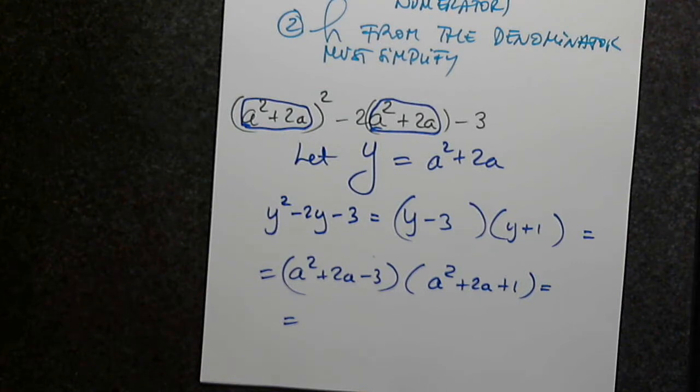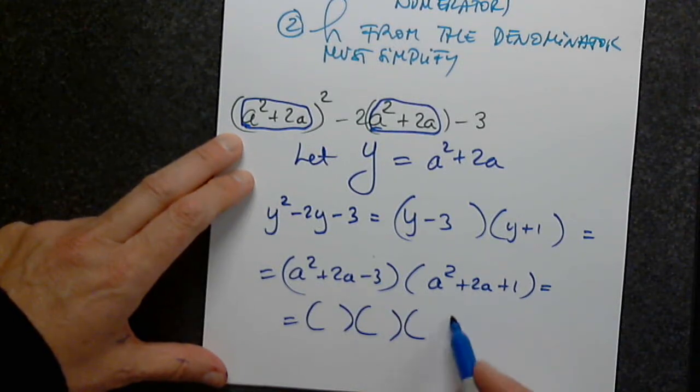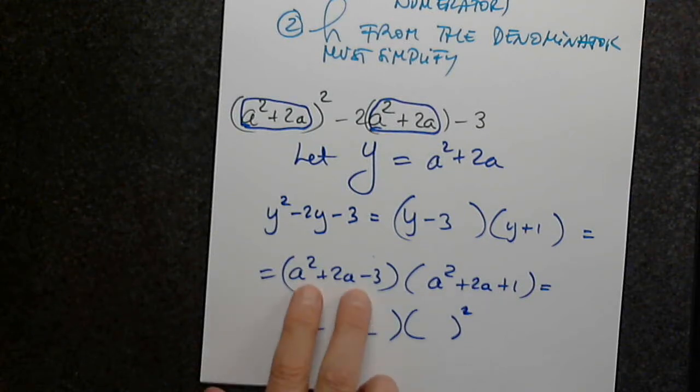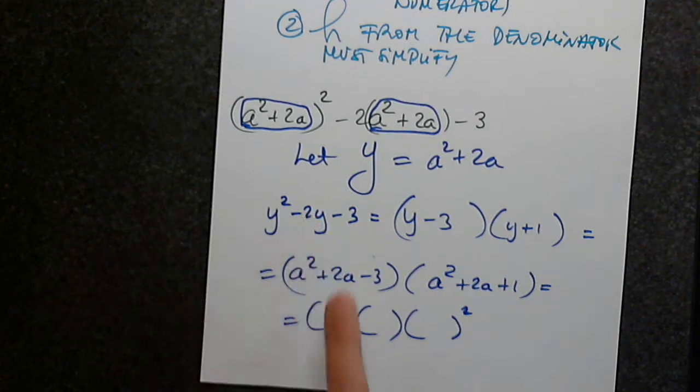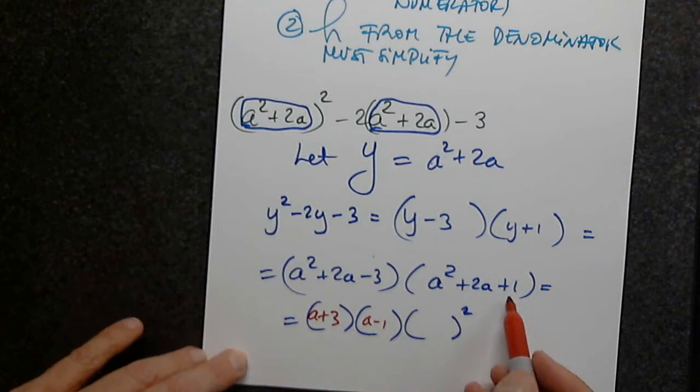So now I will factor this, and I will factor this, and I'm done. How do I factor the first one? We just had something similar a second ago. This time it is a plus 3 and a minus 1.